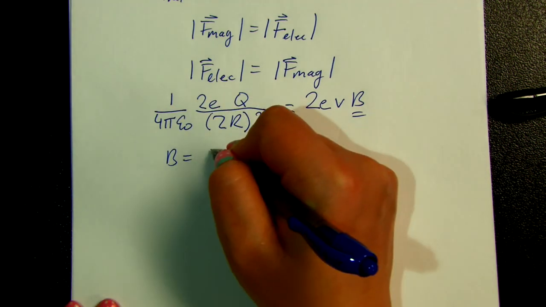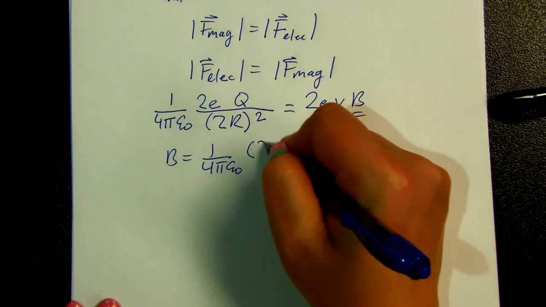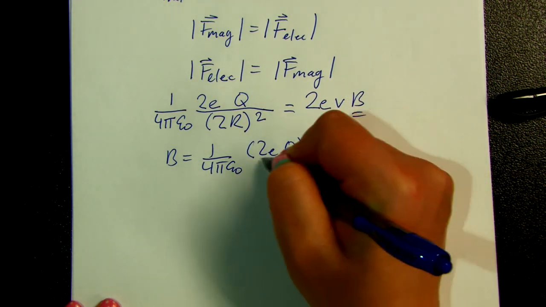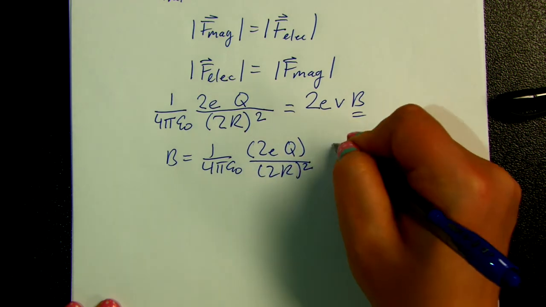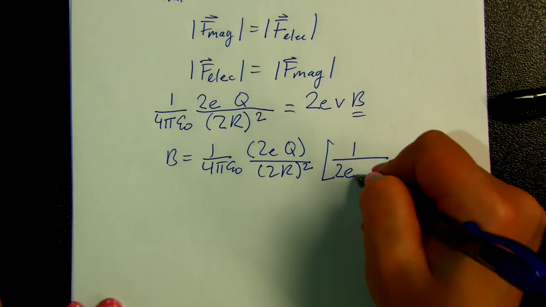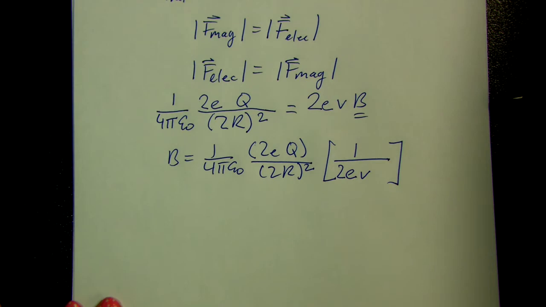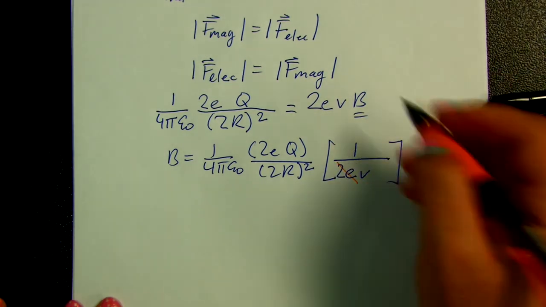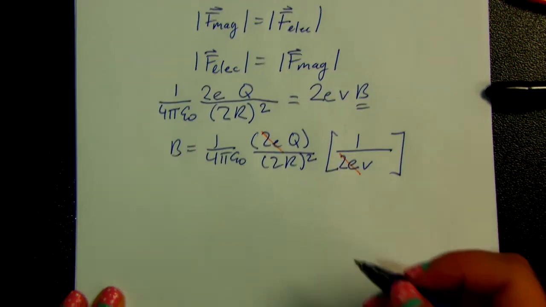B is equal to 1 over 4 pi epsilon naught times 2eq over (2r) squared times 1 over 2ev. This is definitely one of those situations where you want to leave everything symbolic until the end. We have a 2e here and a 2e there, so that makes a nice little 1.